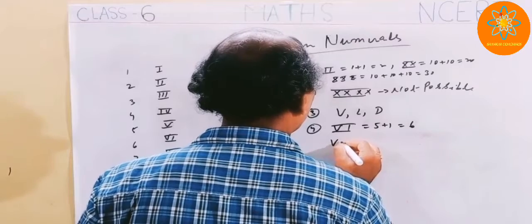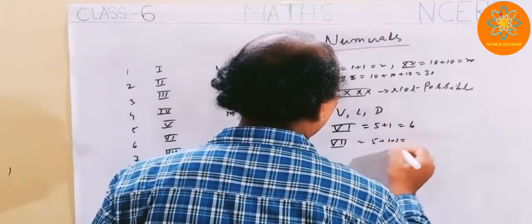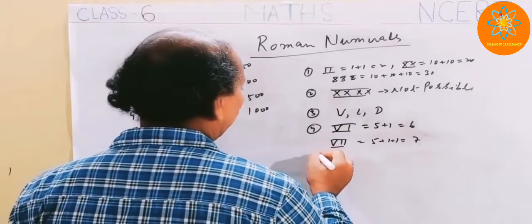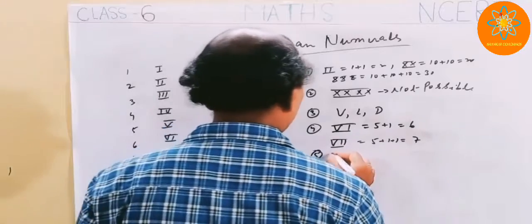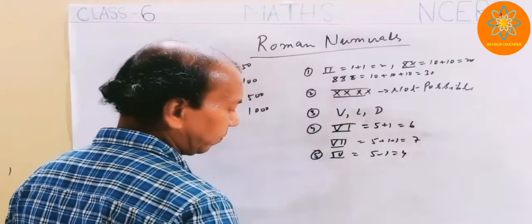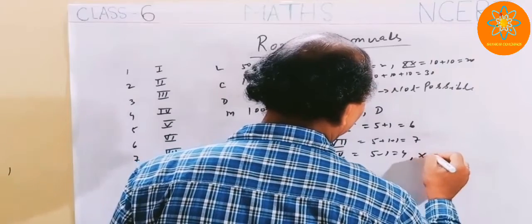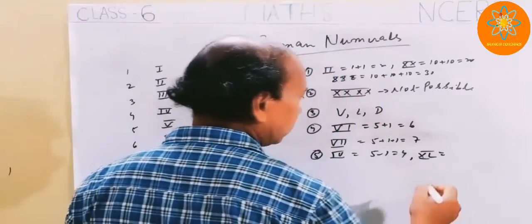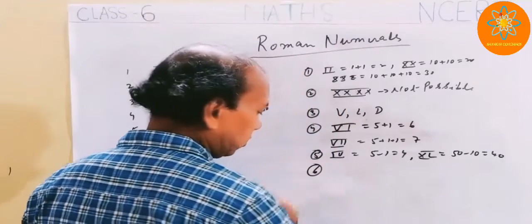Similarly, VII is 5 plus 1 plus 1, which is 7. But if it is on the left side, it will be subtracted. Like IV is 5 minus 1, which is equal to 4. Similarly, XL is 50 minus 10, that is equal to 40.